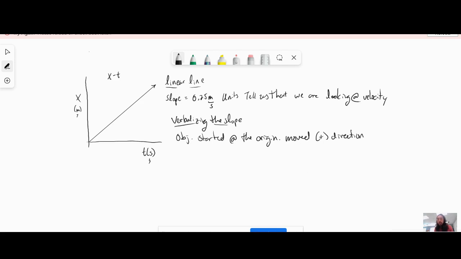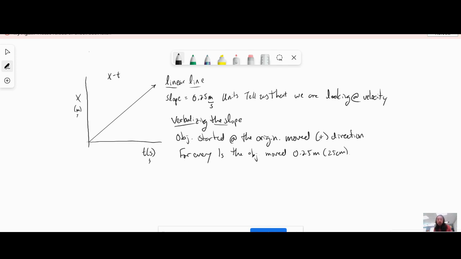And this is where the important part comes in. For every 1 second, the object, or the buggy, moved, you guessed it, 0.25 meters, or 25 centimeters if we were in the units of centimeters.